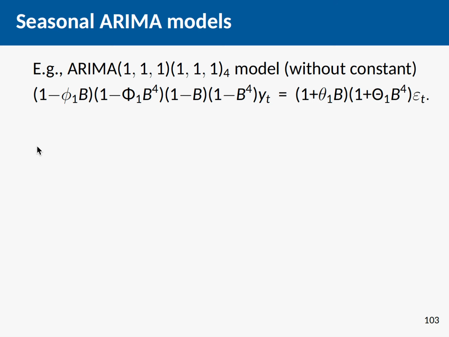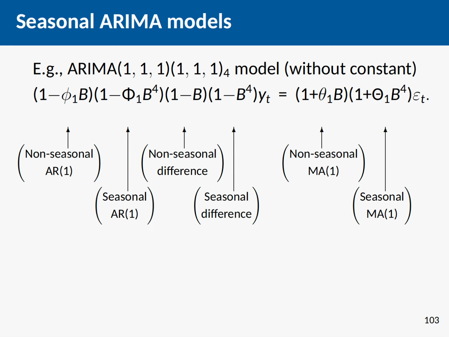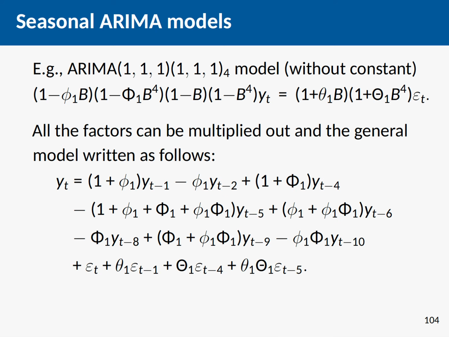What you have here is representing the AR component, the seasonal AR component, the first differencing here, and the seasonal differencing here. And then on the right side you have the corresponding MA component, which is the regular component and the seasonal component. Okay, so this is the representation here, and this is much cleaner than writing it out like this, where it's all muddy.